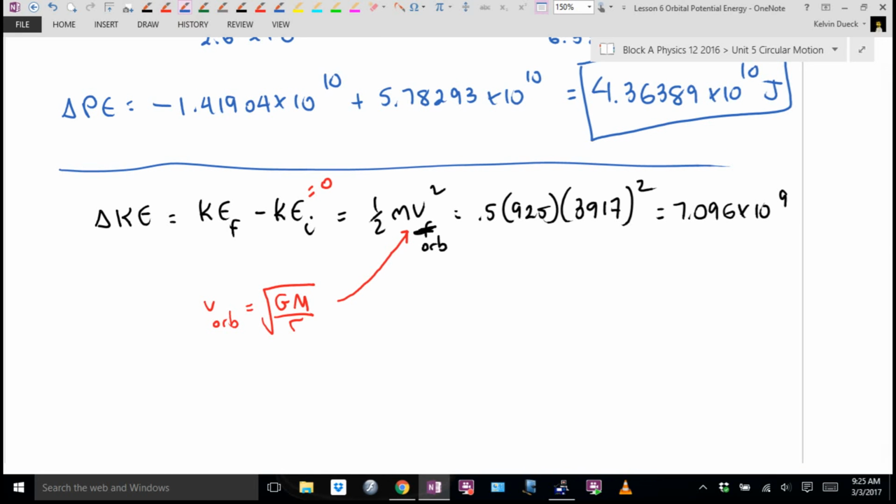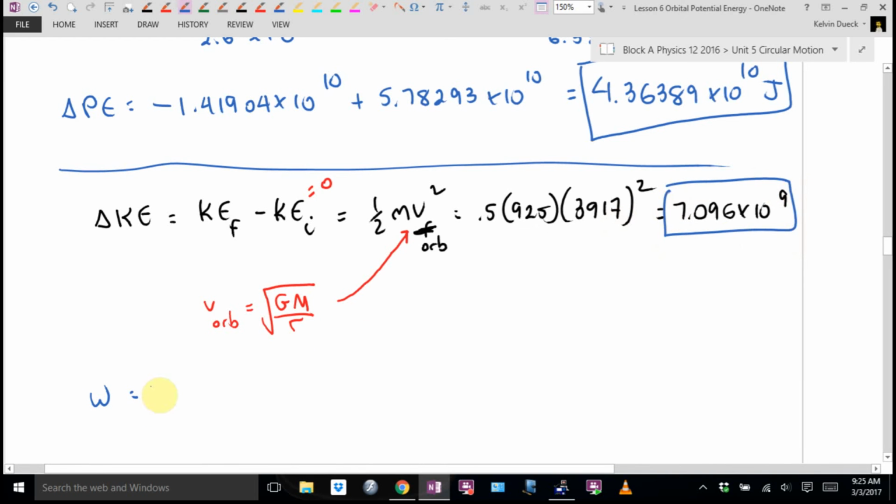What was this question asking me to find? Well, work. I should have put a box around this answer, too. It is the change in potential plus the change in kinetic. The change in potential was 4.36389 times 10 to the 10th. The change in kinetic was 7.096 times 10 to the 9th.